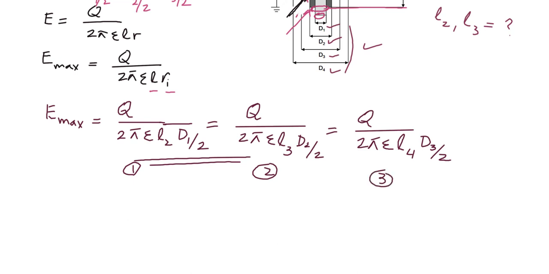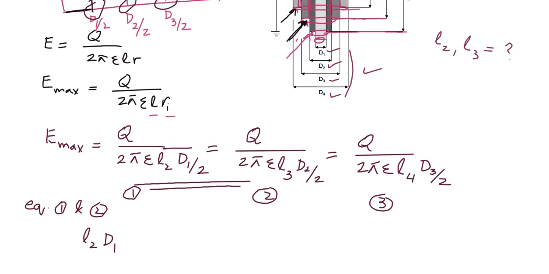When we equate 1 and 2, we will be left with only L2 d1. If we equate 1 and 2, we will not get anything out of it because here we have L2 variable and here we have L3 also unknown.